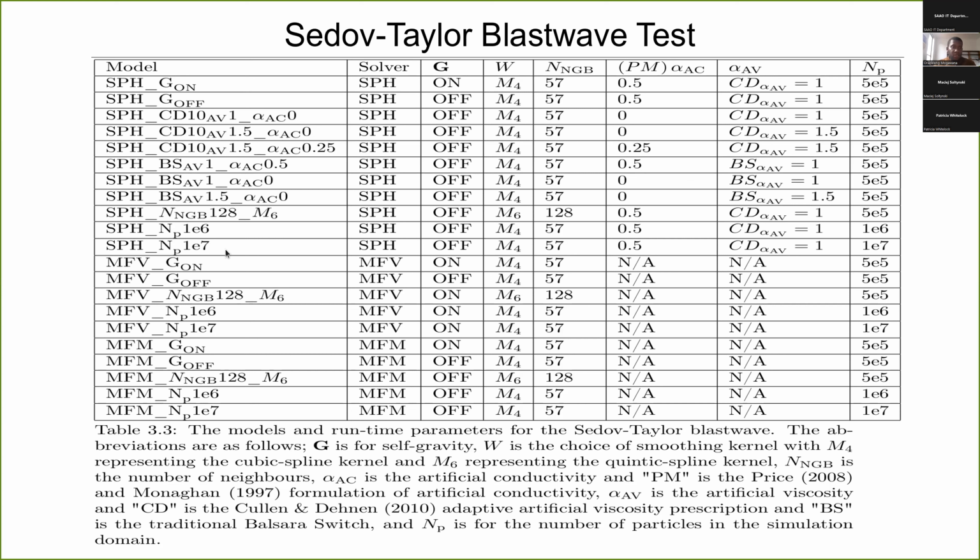And then going to MFV, meshless finite volume, and meshless finite mass method, we had to test the number of neighbors. By convention, the number of neighbors is how many particles you have around the particle that you want to compute your gas quantities for. And the more neighbors you have, the more you converge to the right solution.